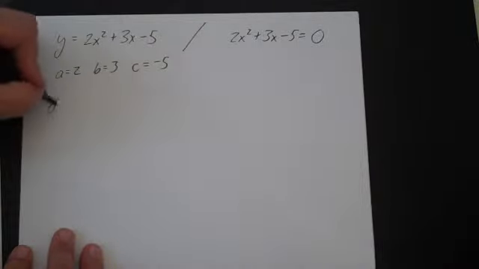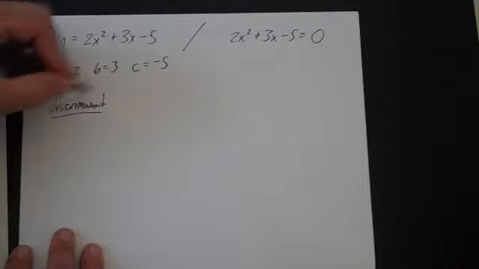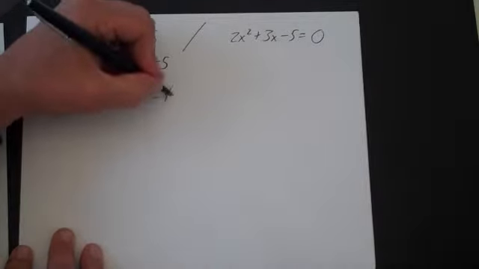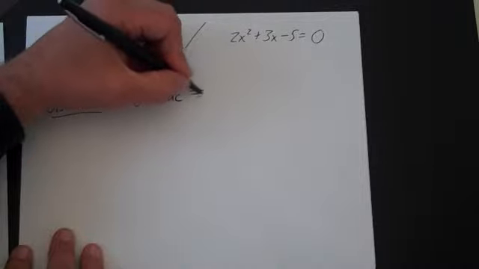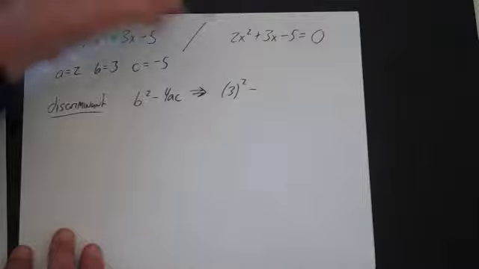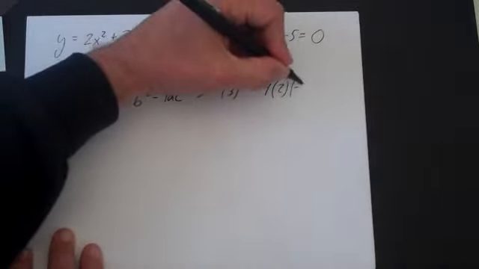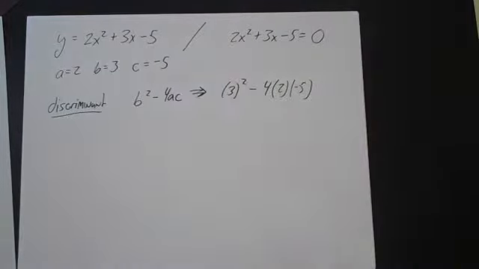So the discriminant is b squared minus 4ac. Let's just plug the numbers in. That's 3 squared minus 4 times 2 times minus 5. Now you have to be real careful here and make sure you do the order of operations correctly.